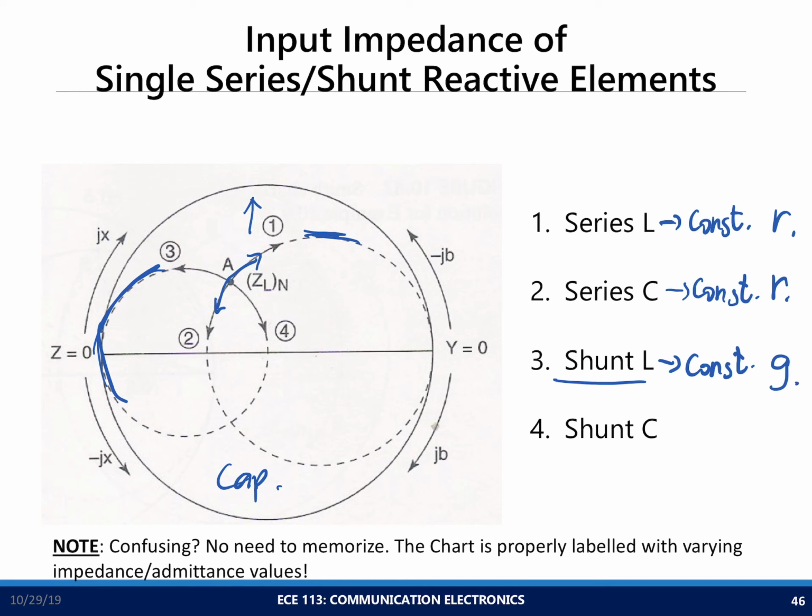If it's a shunt inductance, you become more inductive, then of course the movement goes towards the positive or the upper region of the Smith chart. Otherwise, if it's a shunt C, then you're going in the opposite direction, towards the more capacitive region of the Smith chart.